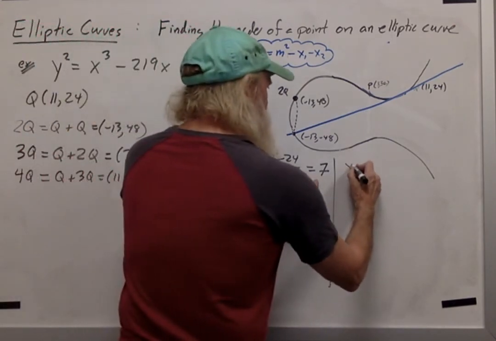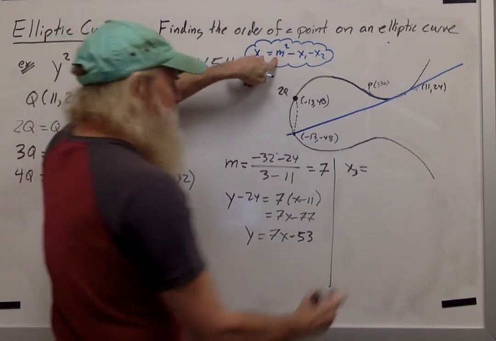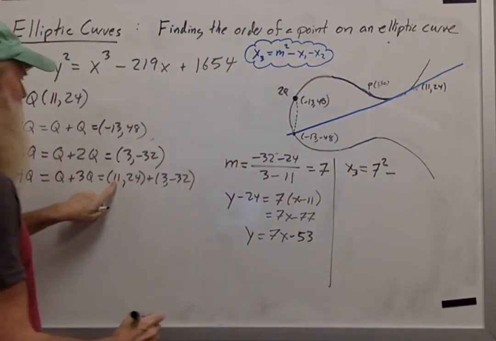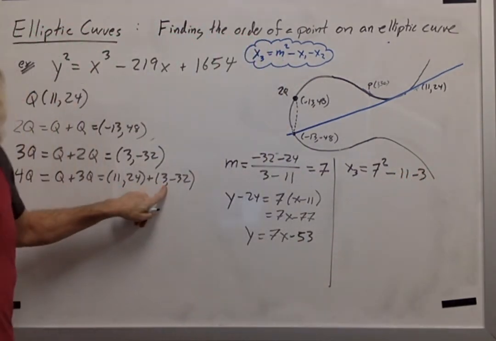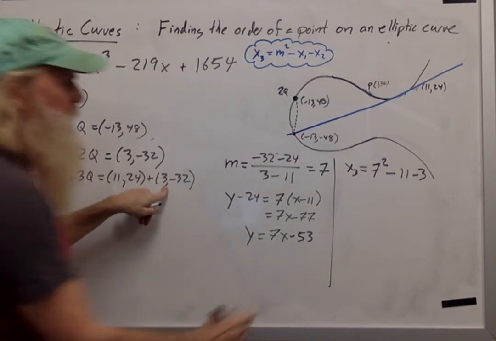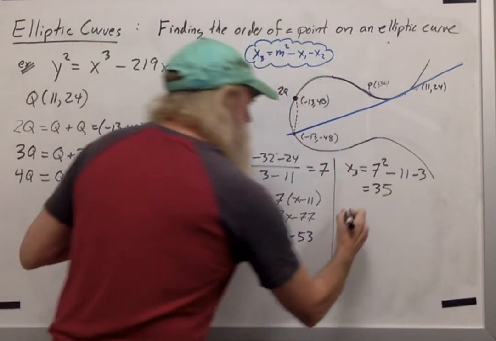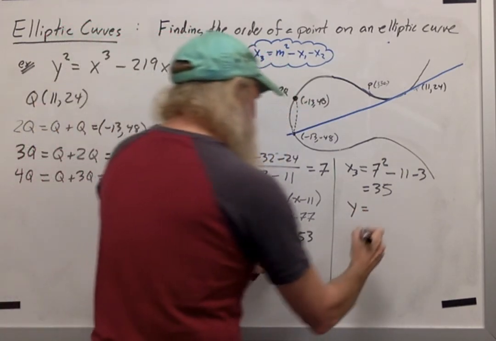Now to get x3, it's going to be m squared minus x1 minus x2, which is 7 squared minus 11 minus 3, which is equal to 35. To get the y coordinate of the point of intersection, I plug that 35 into here.